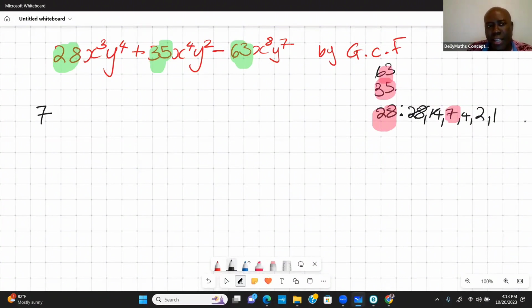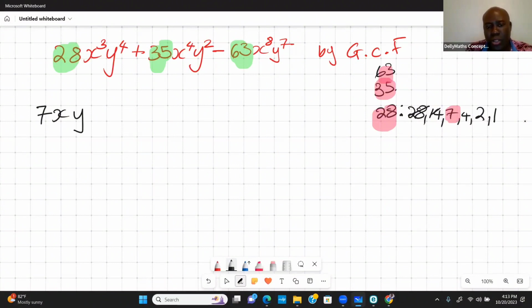Now let's take a look at the letters. If you notice, we're seeing x and y, which is common all the way: xy, xy, xy. So x and y are common variables. But we have to take a look at the exponent for each letter. The lowest power of the exponent will be the greatest common factor.